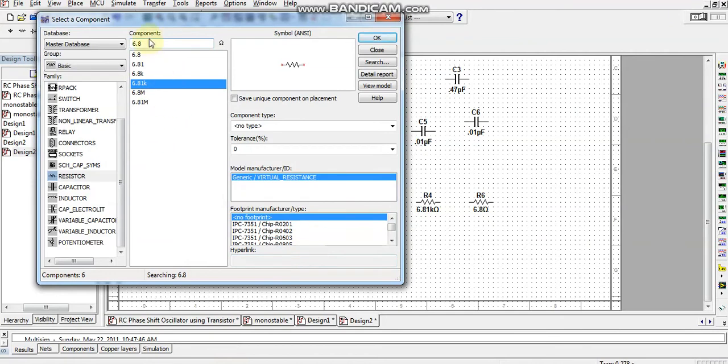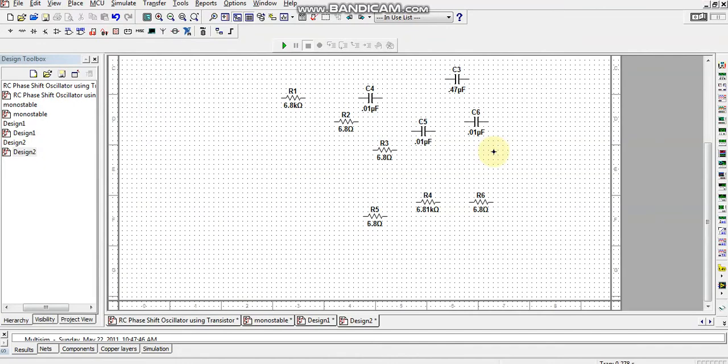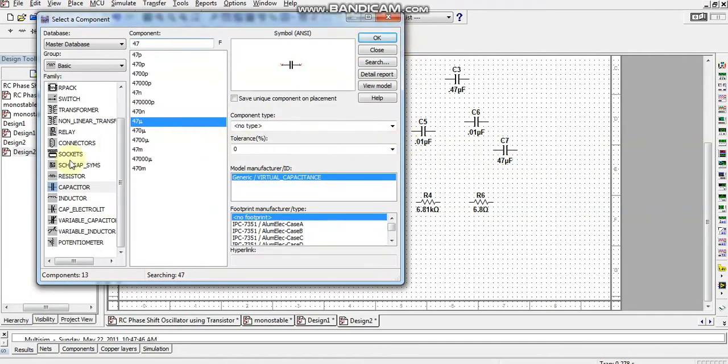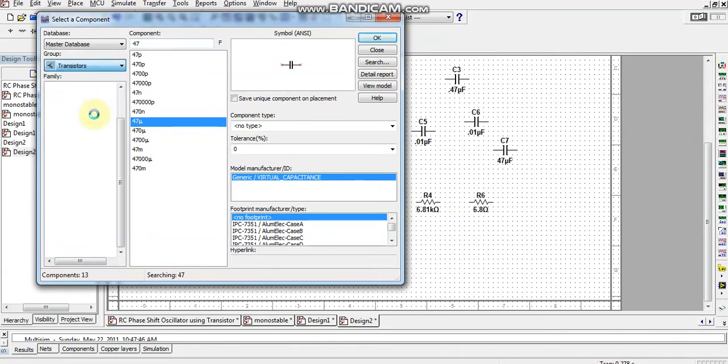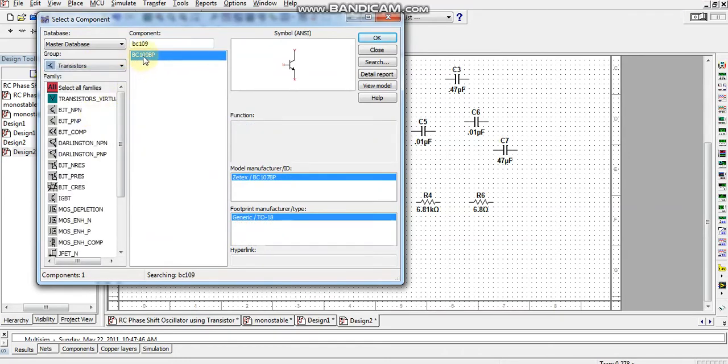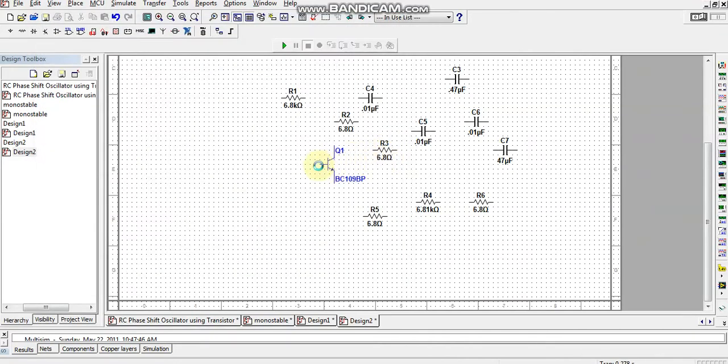So a 47 microfarad capacitor I have to take. Okay. Next I'll take the transistor. BC109 is there, that's what I wanted, so I'll take that.